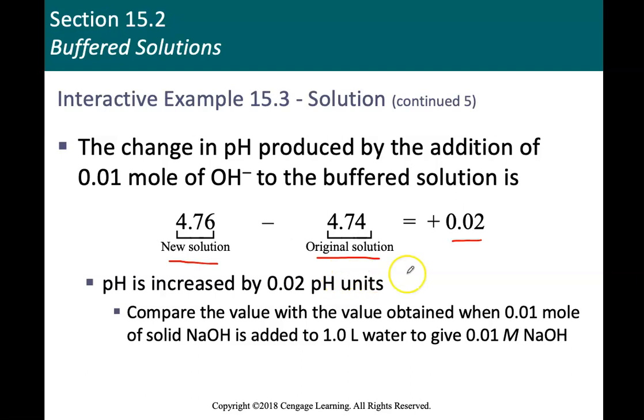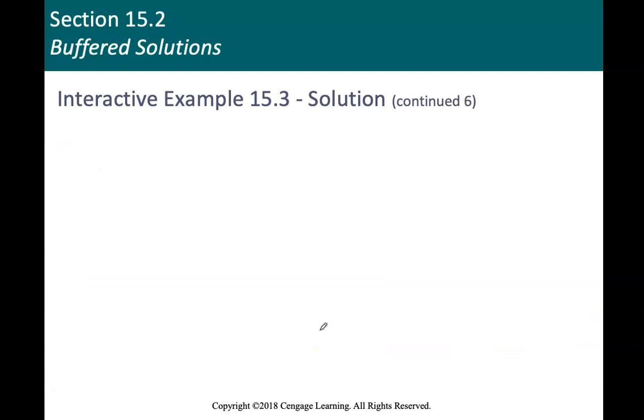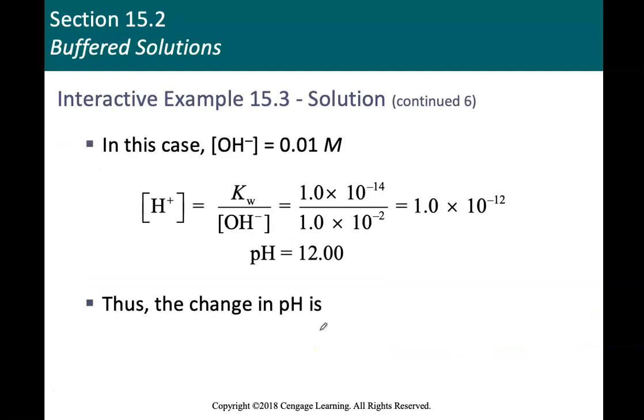Now watch this very carefully. The pH is increased by 0.02 units. Let's compare that when we add 0.01 mole, the same amount, in water. Let's take 1 liter of water, and add 0.01 mole of sodium hydroxide. What do we get? Let's work out the concentration.